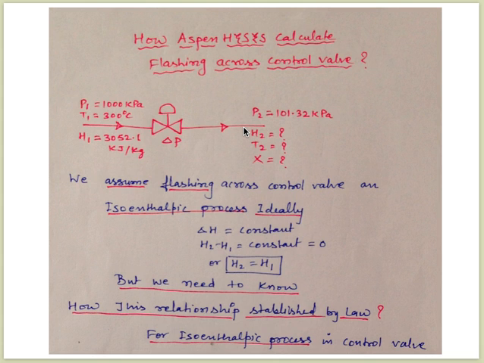So we consider that the kinetic energy is not changing because the velocity remains constant. And the second thing is, we are considering that this is on a horizontal plane, so there is no elevation difference between inlet and outlet, so the potential energy is also constant.